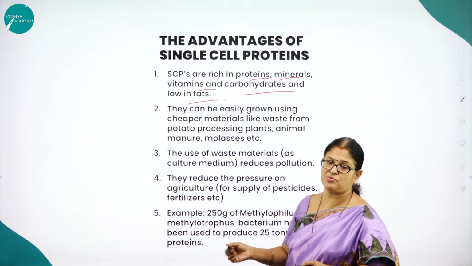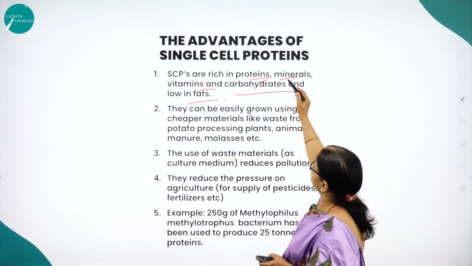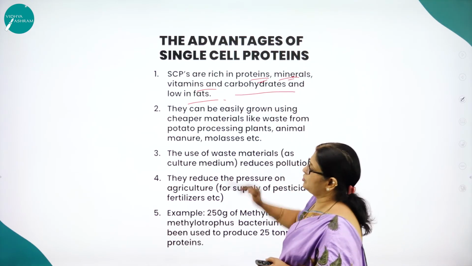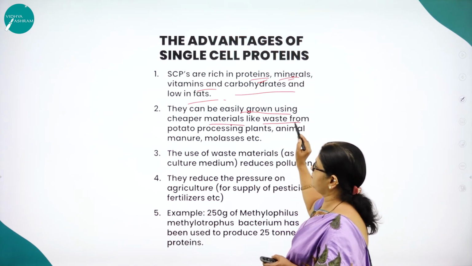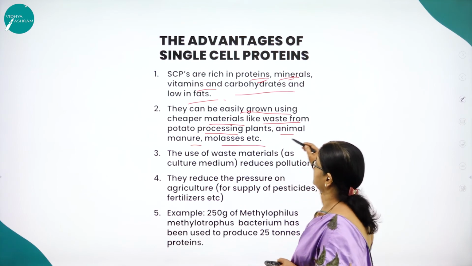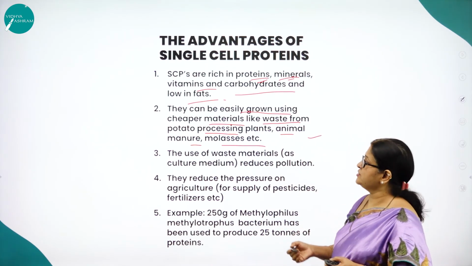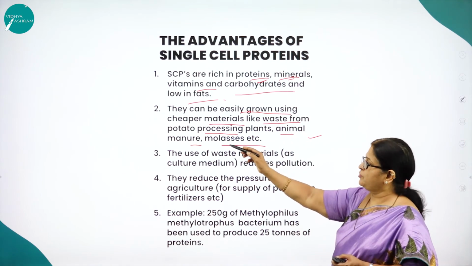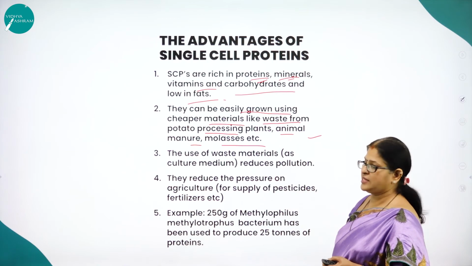So they can be taken as an alternate source of all these contents. Next, they can be easily grown using cheaper materials like waste from potato processing plants, animal manure, molasses, etc.